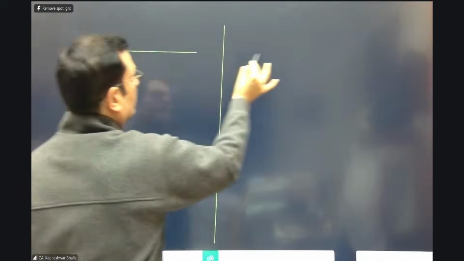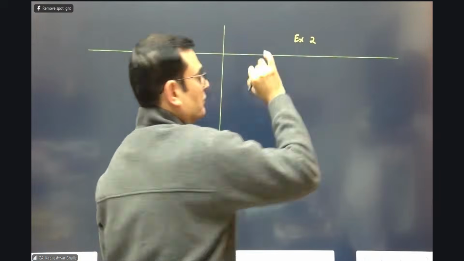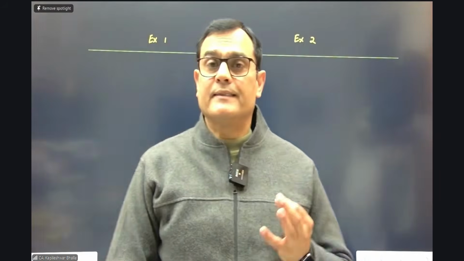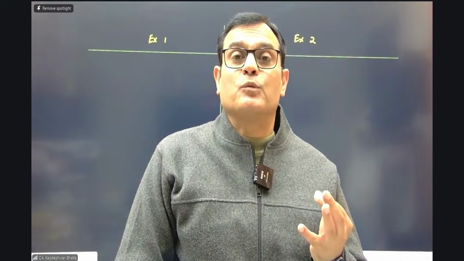Let's take two examples quickly to decide the agenda, and these examples are given in the standard as well. So let's take example 1 and example 2. I'll give you quick examples; you apply and tell me impairment testing at what levels.